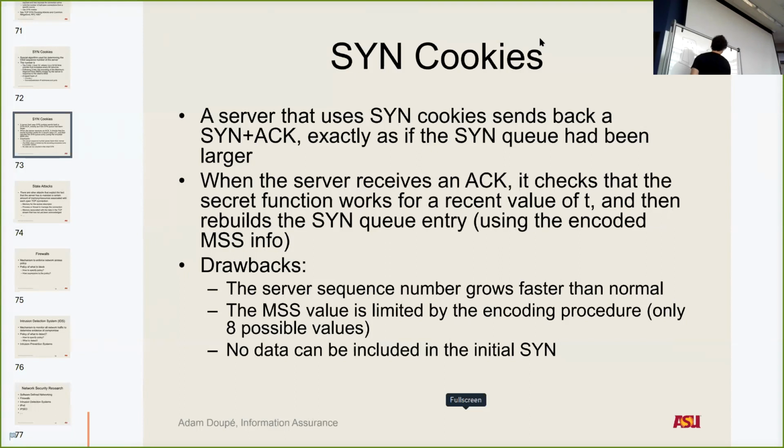In the case of the actual client, the client will send you a SYN. You send back your SYN-ACK with a sequence cookie that you don't have to store. And the client will send it back to you in their response. They'll have your sequence number.